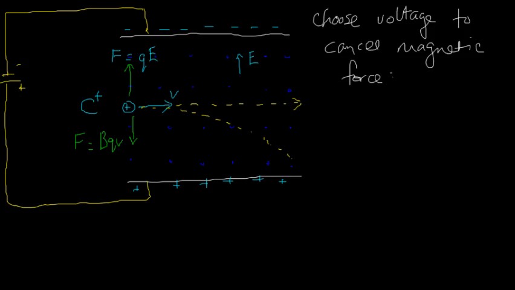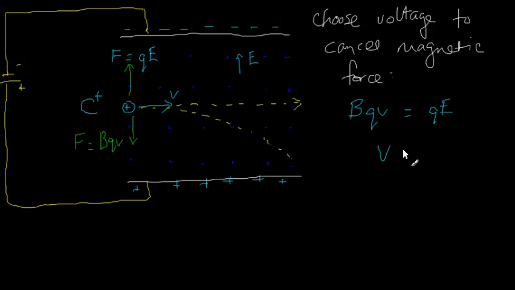Okay. Now if I do that, then the electric force must be equal in magnitude to the magnetic force. They must be equal. Now if they are equal, I rearrange this to make V the subject.